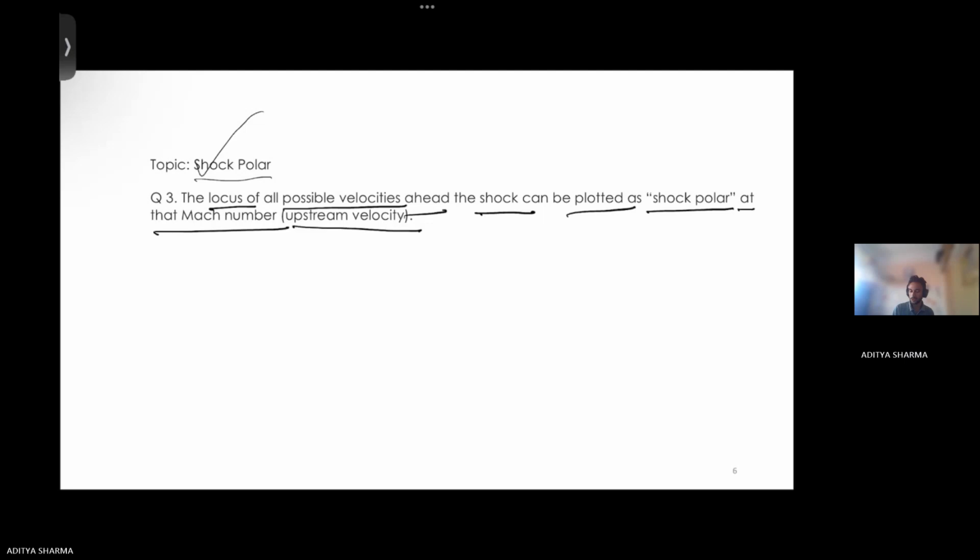That is the statement, right? Now the question gives two options, whether it's correct or incorrect, and we have to decide. This is basically the definition of the shock polar, just to check whether we are conscious about what a shock polar is, right?